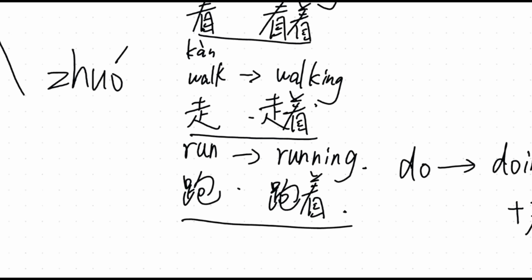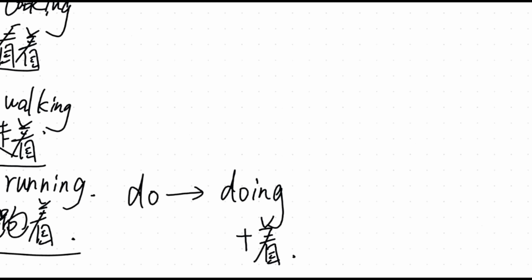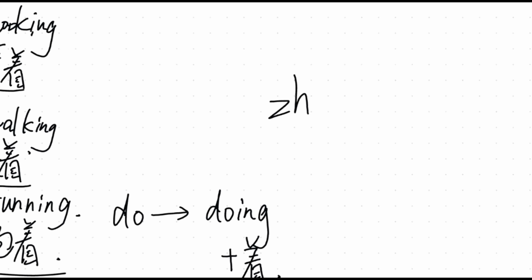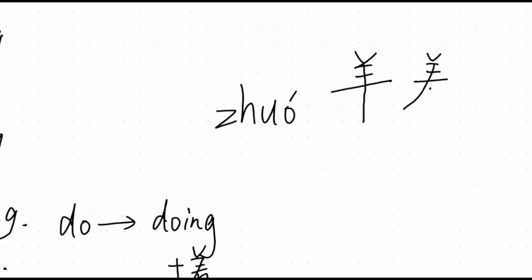So let's go to the next pronunciation. 着. 着 is when something covers you, like you're covered by clothes. You can see this character itself is sheep over an eye.